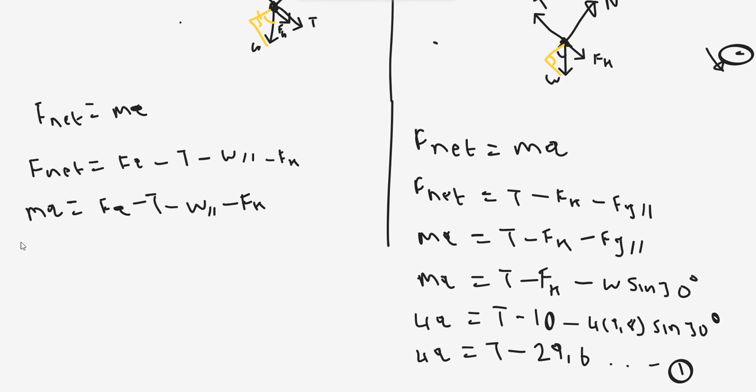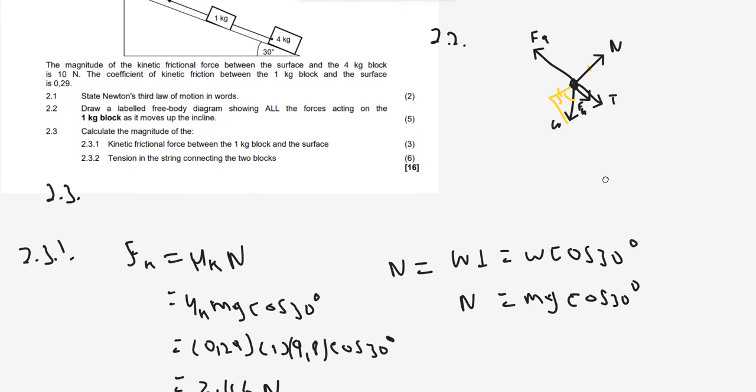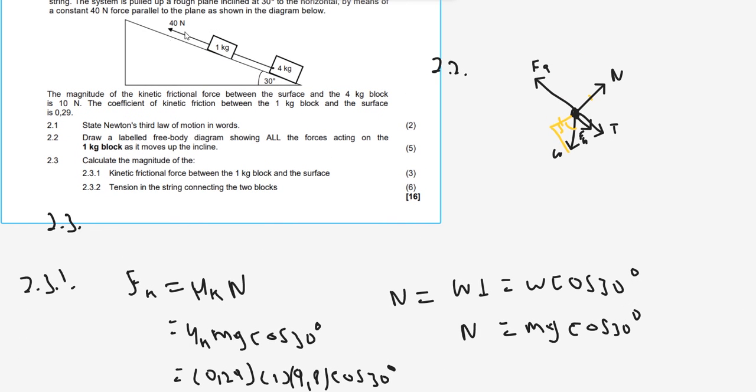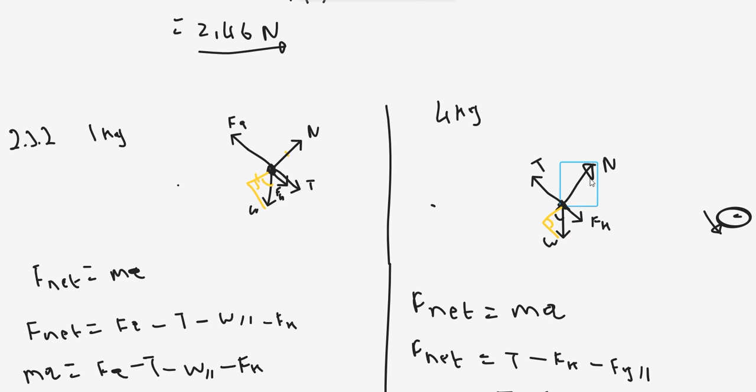And then our mass here is 1, so we are just left with A equals the force applied, which was 40 newtons from the diagram. Here is the force applied, 40 newtons.